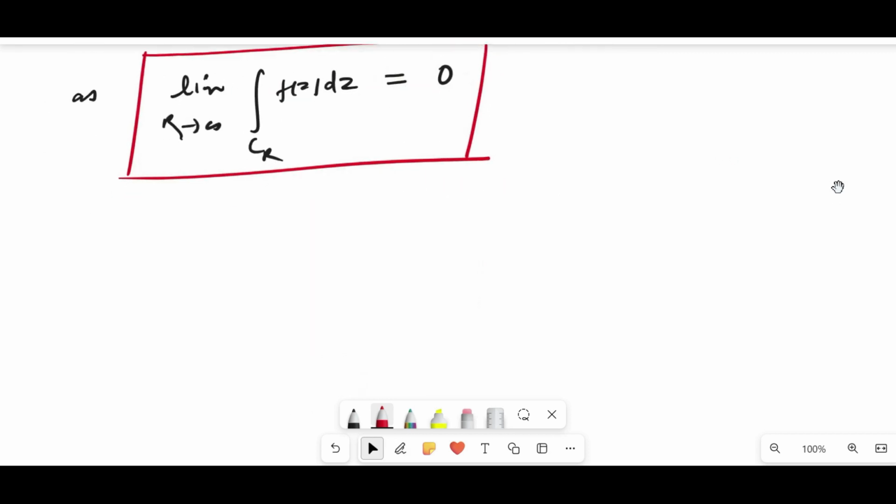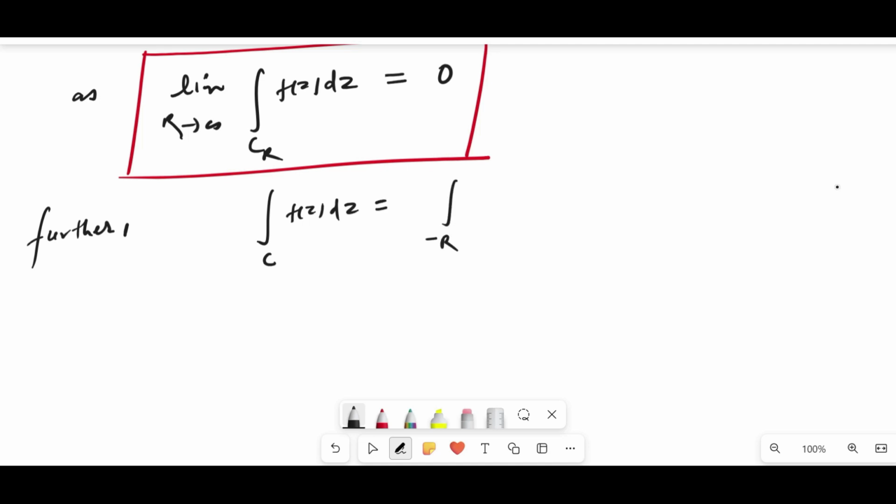So further, the value of the line integral over the curve C of f of z dz is equal to the integral varying from negative r to r of f of x dx plus the integral over the curve C of R of f of z dz.